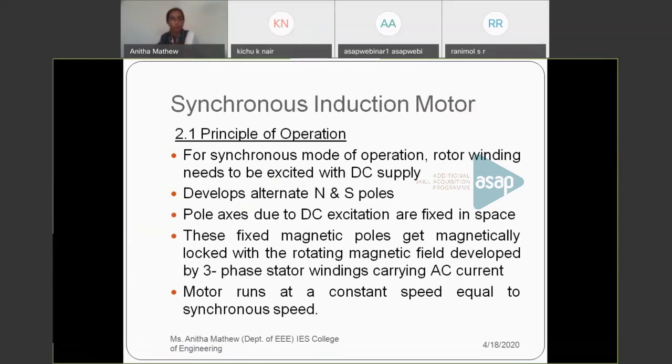The rotor will meet with the rotating magnetic field. Thus, it acts as a synchronous motor.